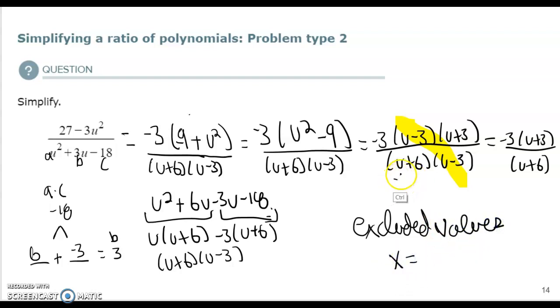So this would equal 0 if u equals -6, and this would equal 0 if u equaled 3. So we can set each of those equal to 0 and then solve. So this is what the next problem is going to ask us to do. So technically this problem didn't ask us to do this, but I just want to make sure that we understand it.